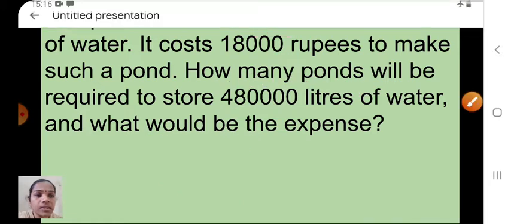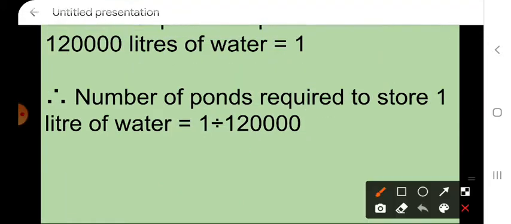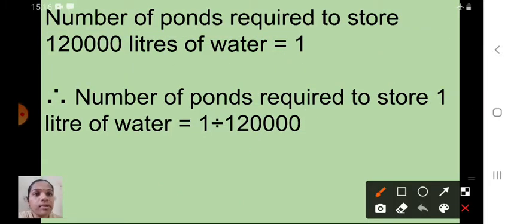See here children, the number of ponds required to store 1,20,000 liters of water is equal to 1. One pond is needed to store 1,20,000 liters of water. So I hope you understood this statement.